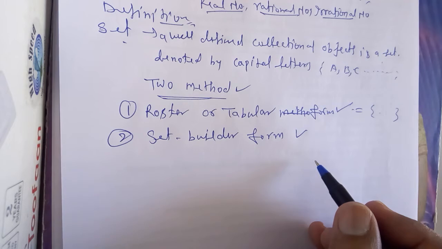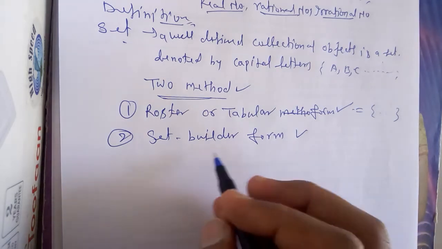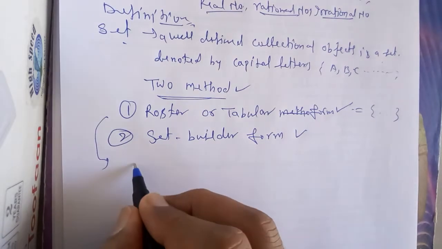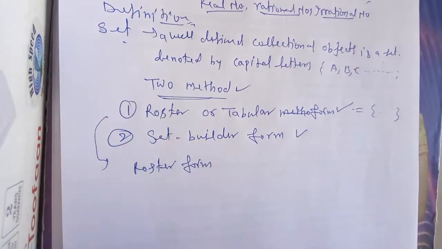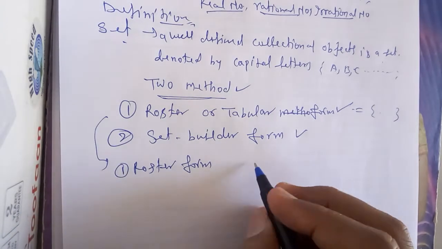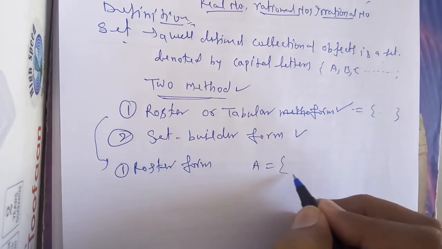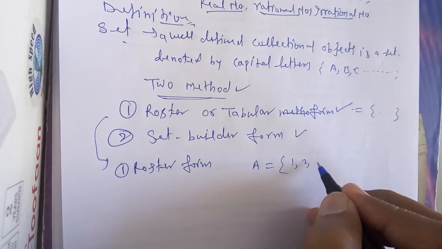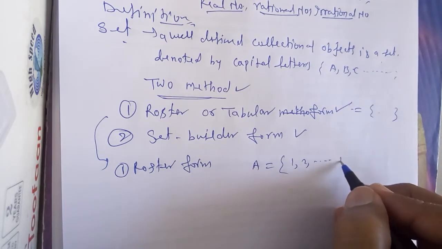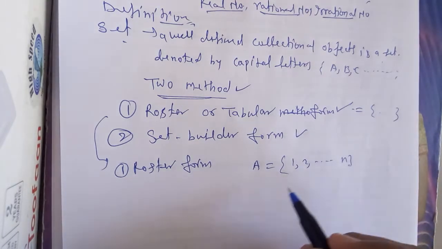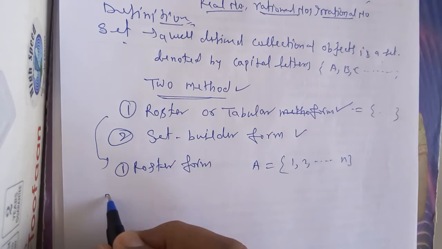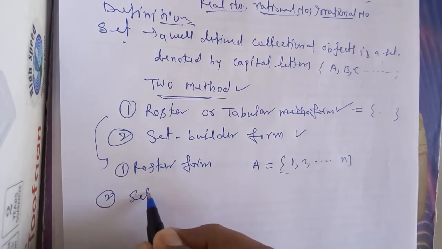Next, let us take roster form. A equals 1, 2, 3, and so on, n belongs to N. Okay, this is a roster form. And second, set builder form.